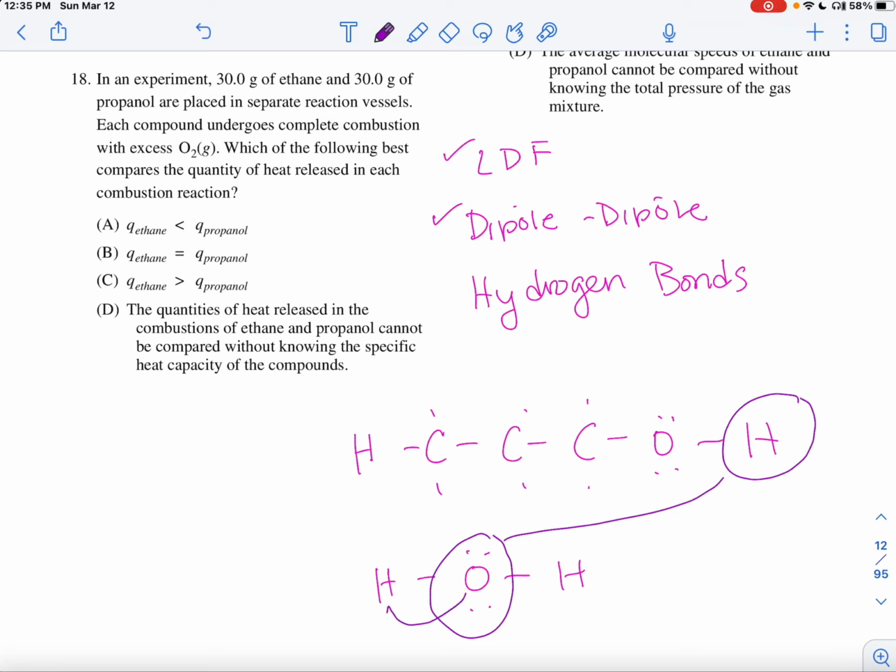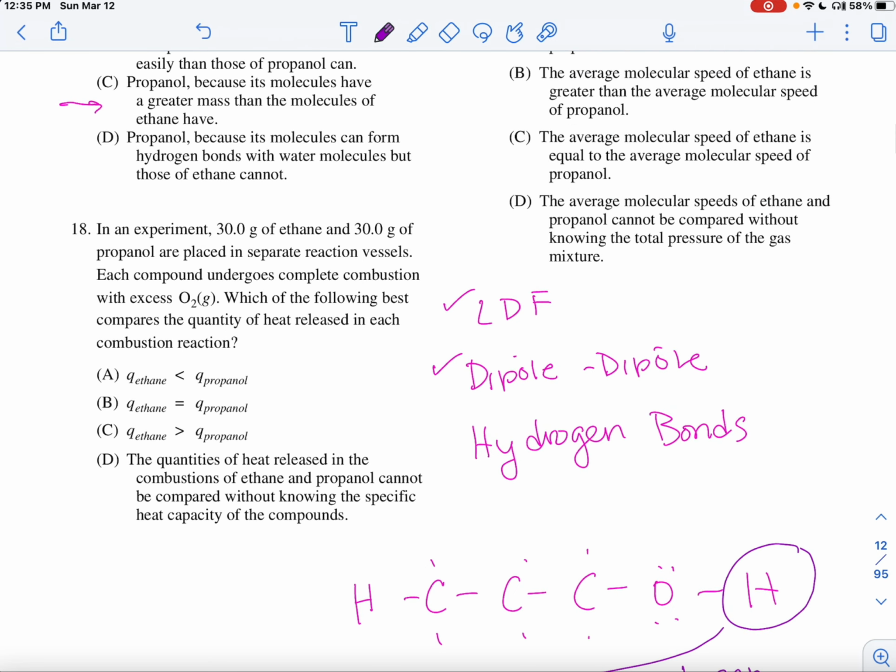Is it here? Yep, it's actually attached to two of them. So this would be a hydrogen bond, which again is an attraction. We're not making new molecules here, we're just dissolving. So propanol can in fact form hydrogen bonds with water. Okay, so it's looking like D might be the answer here.